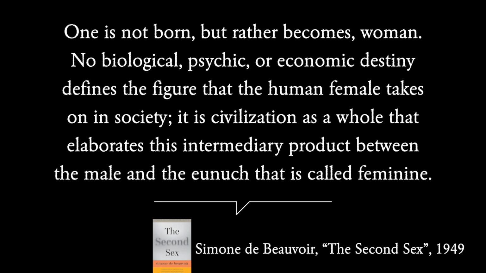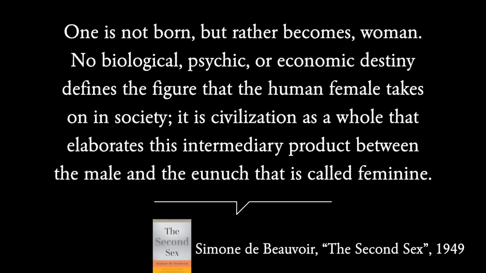In 1949, Simone de Beauvoir famously began her book, The Second Sex, by saying, "One is not born, but rather becomes woman. No biological, psychic, or economic destiny defines the figure that the human female takes on in society. It is civilization as a whole that elaborates this intermediary product between the male and the eunuch that is called feminine."